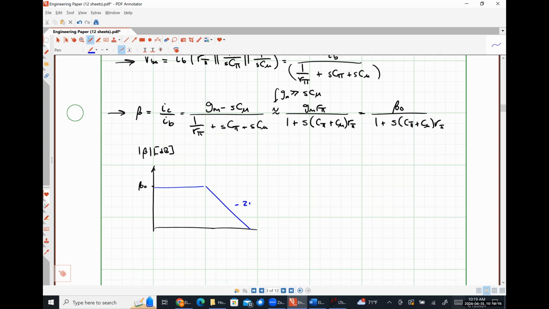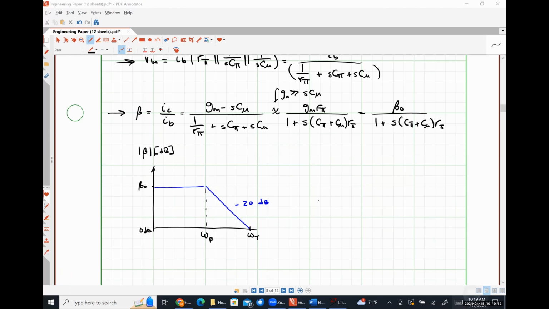We should see that we roll off at negative 20 decibels per decade because we very obviously only have a single pole based on our transfer function here. Down here is going to be 0 dB. All this is omega B, and this guy right here where it crosses 0 dB is omega T.